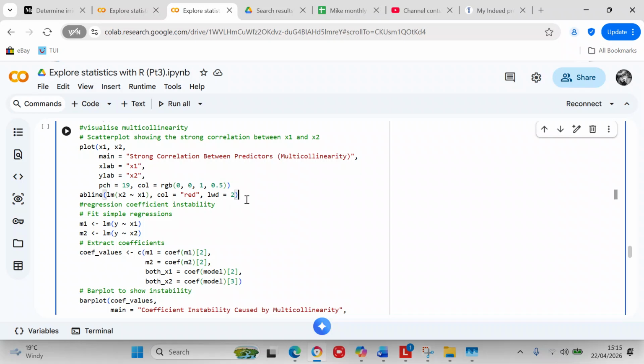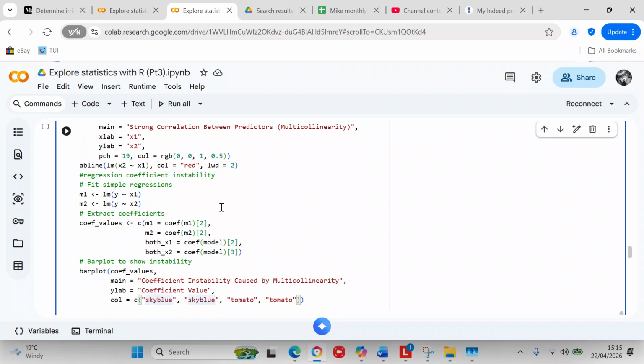Okay, now what we're going to do is take the regression coefficient instability, and so we're going to fit simple regressions. So M1 becomes lm, that's linear model, brackets Y tilde X1. M2 becomes linear model, brackets Y tilde X2.